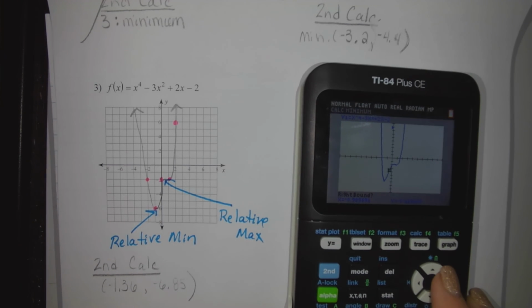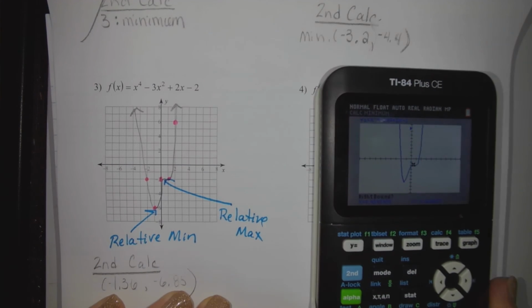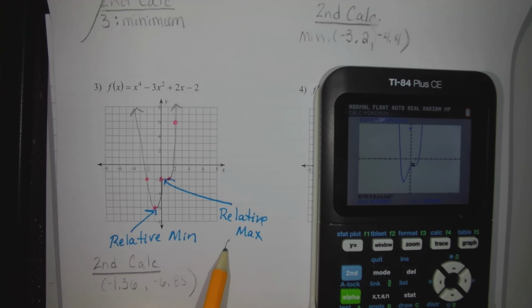Now I'm going to move and I'm going to go right. To me, that looks the best for relative max. That's lower. That's about it. So you have 0.45 and -1.67.